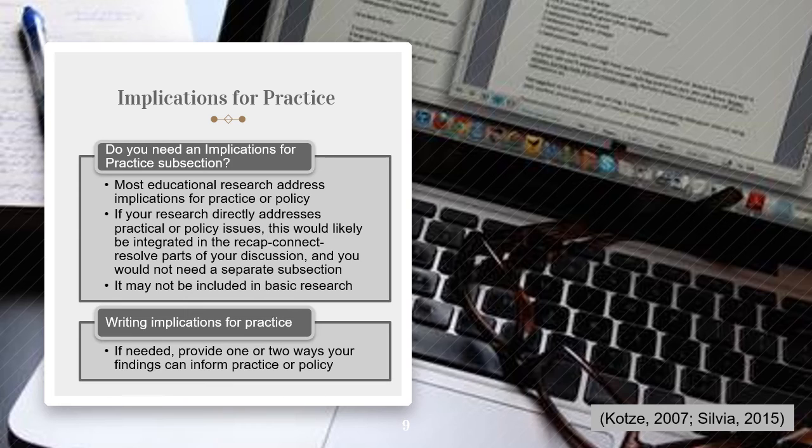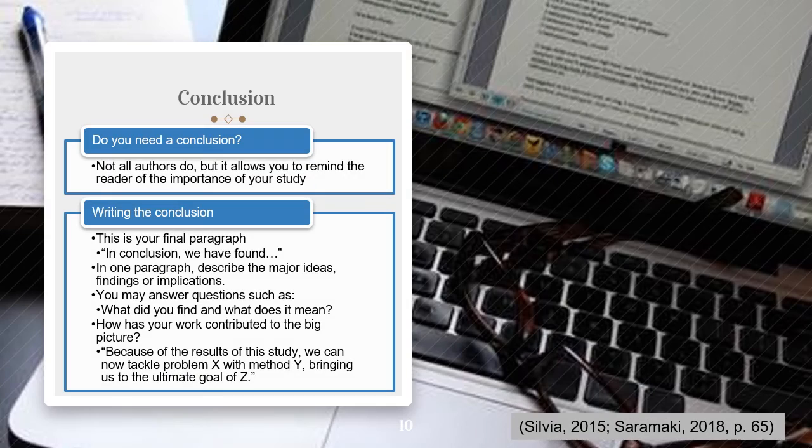So you very likely will be including an implications for practice section. You might have addressed implications for practice if your study and research questions were directly related to practice or policy oriented issues. But you do want to make sure that you have one or two explicit ways in which your research can inform practice or policy.